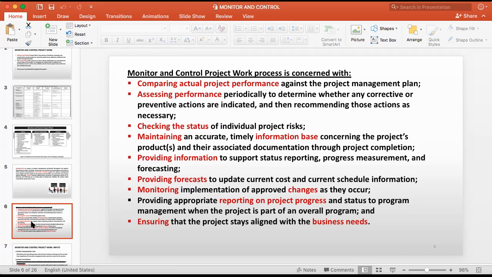Then checking the status of individual project risks. So you have a risk register, you have the issues log. So all these things are there. With these, you check whether you are addressing the project risks, the status of each risk. In the risk register you have 1, 2, 3, 4, 5.